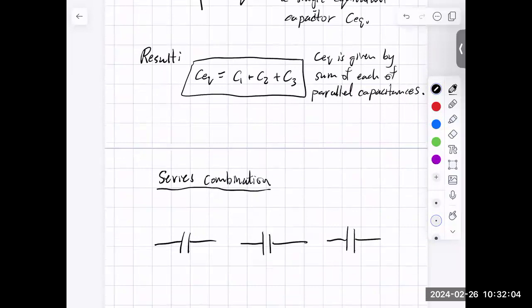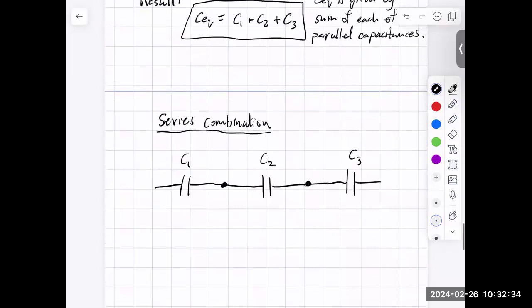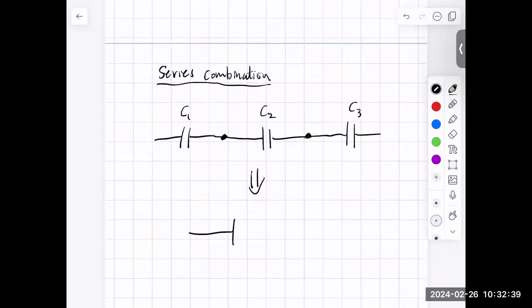In a series combination, we're not connecting top plate to top plate and bottom plate to bottom plate. The way I've drawn it here, I take the right plate of C1 and connect it to the left plate of C2, and then the right plate of C2 to the left plate of C3. We join them up in this way. We're going to try to represent that combination as a single C equivalent.